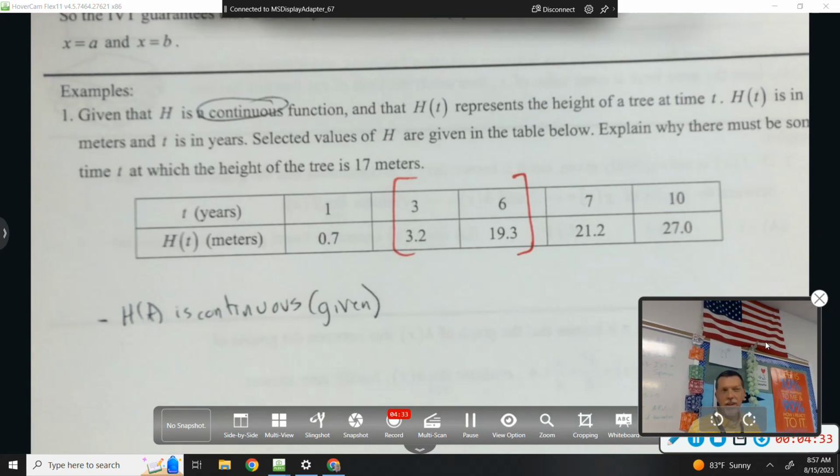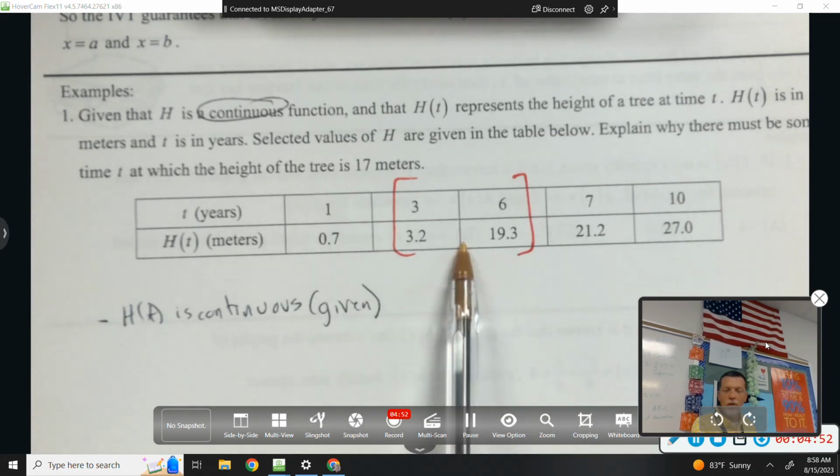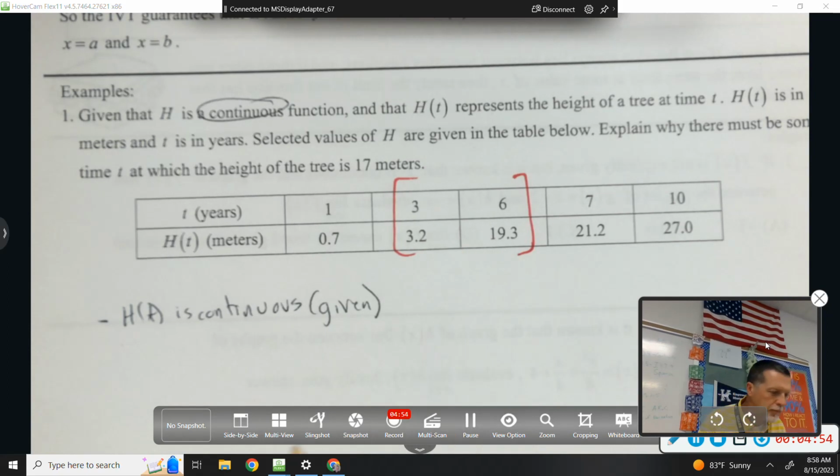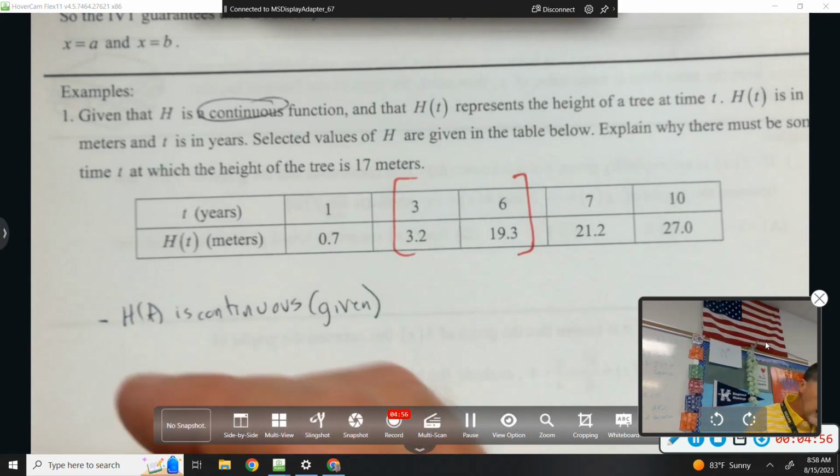So it would be completely okay and accurate to say 0.7 to 27, but we're always going to use the narrowest possible region. Again, I'm not going to count it wrong if you go 0.7 to 27, because it's right. Or if you even did 3.2 to 21.2. As long as 17 is intermediate to your y values, then you're good.